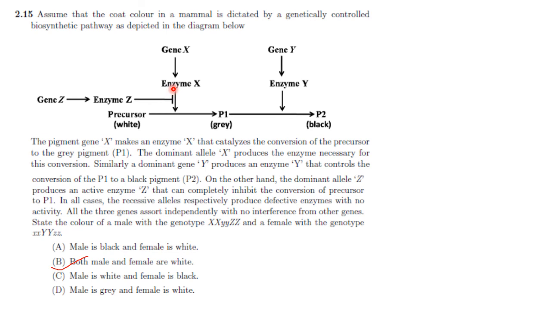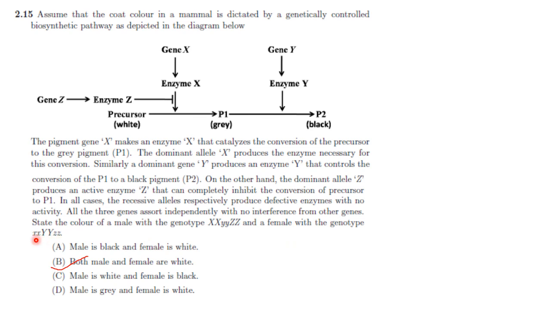Z will completely inhibit the action of enzyme X. So the male with this particular genotype will remain white itself, because the precursor is not getting converted to P1 due to the action of enzyme Z, which inhibits the action of enzyme X.